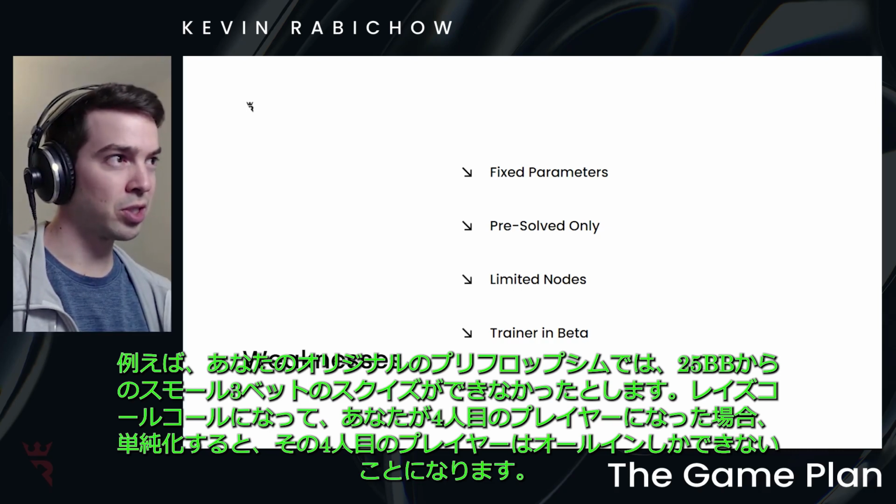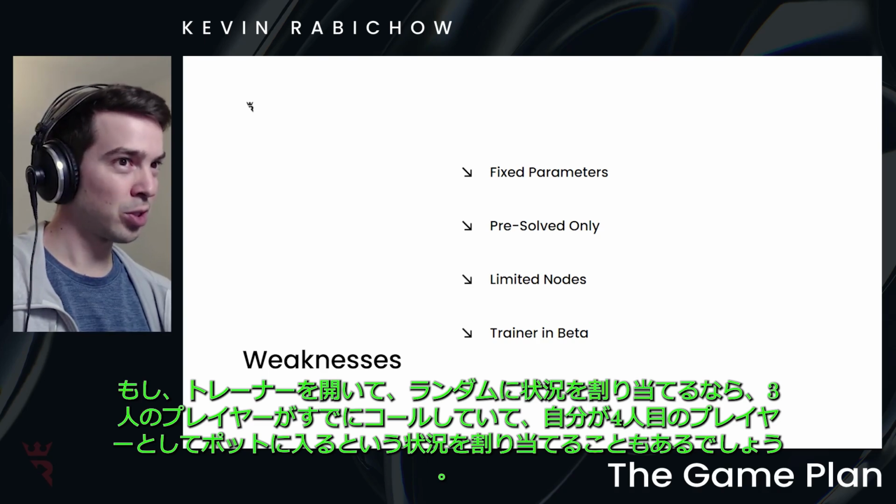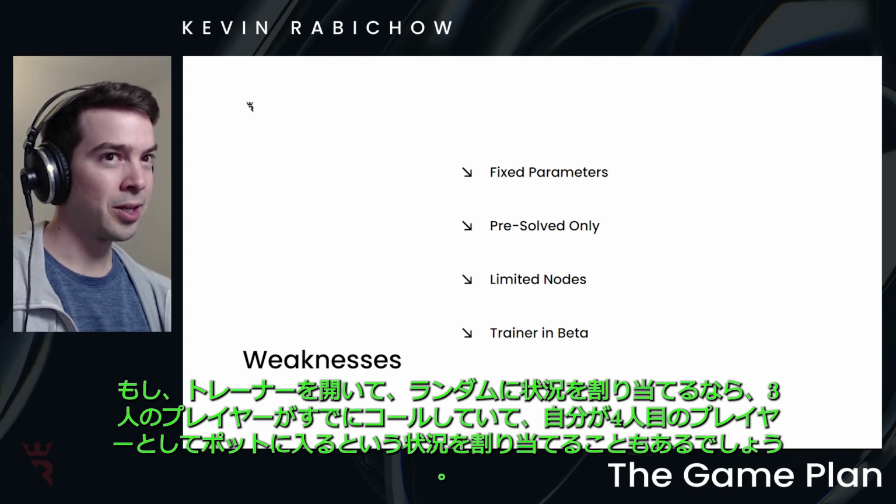Maybe for simplicity, that 4th player into the pot can only go all in. If you open the trainer and they just randomly assign you a situation, they might occasionally assign you that situation where 3 players have already called and you're now the 4th player entering the pot.